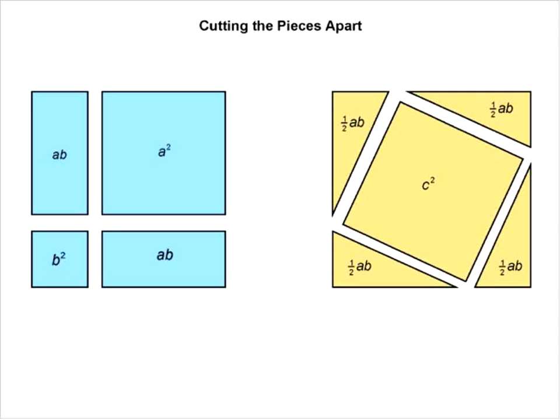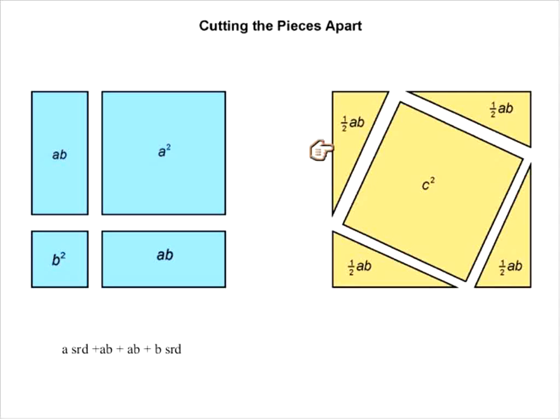Okay, and so if we wanted to figure out the area of the larger square, all we have to do is add up the partial areas here. So for the blue one, we would have A squared, plus AB, plus another AB, plus B squared. Or if we wanted to simplify that, we can write A squared plus 2AB plus B squared.